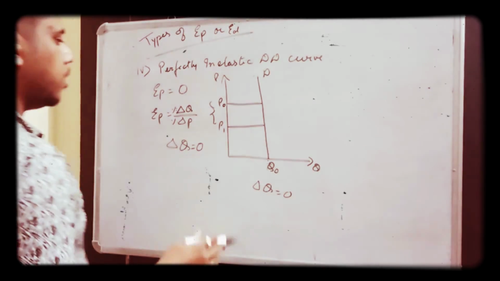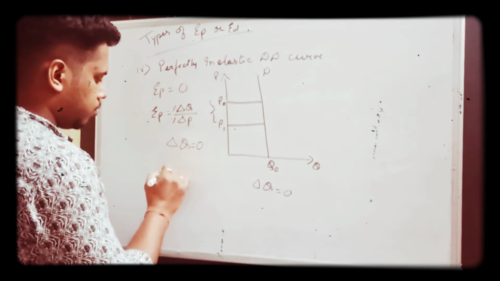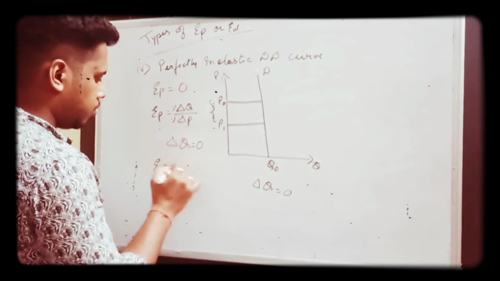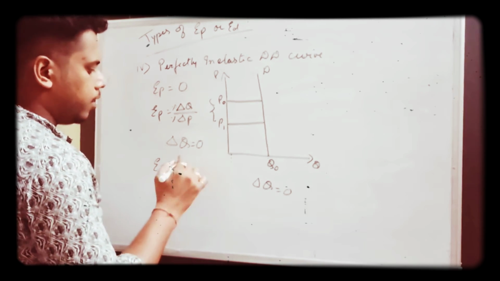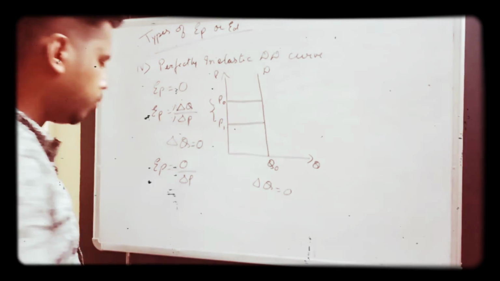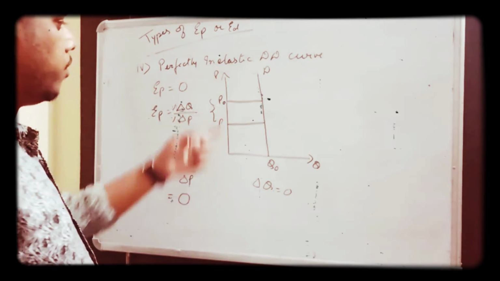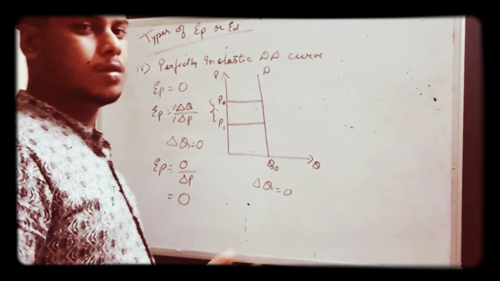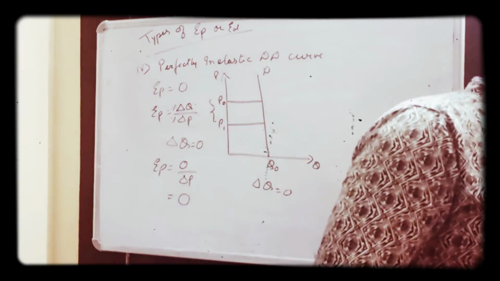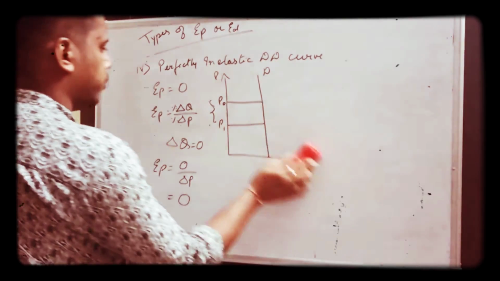So whatever it is, there is a value of del P. So the ratio would be something like 0 by del P. 0 divided by anything will give you again 0. Okay. So the elasticity of this curve is 0, and it is known as perfectly inelastic demand curve.